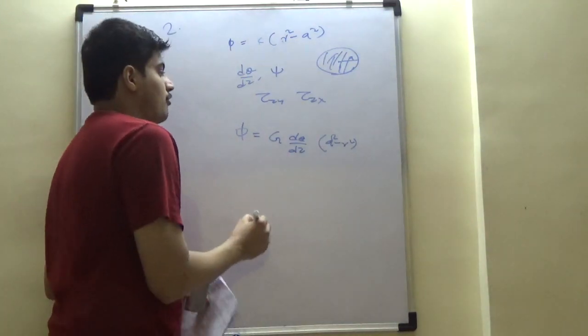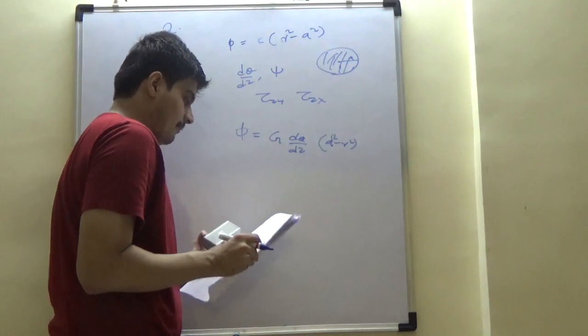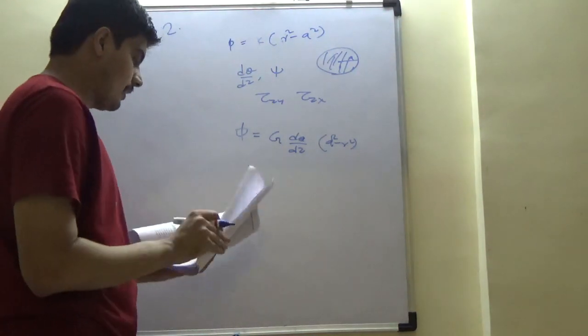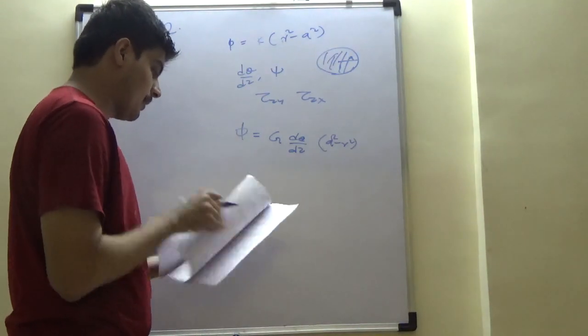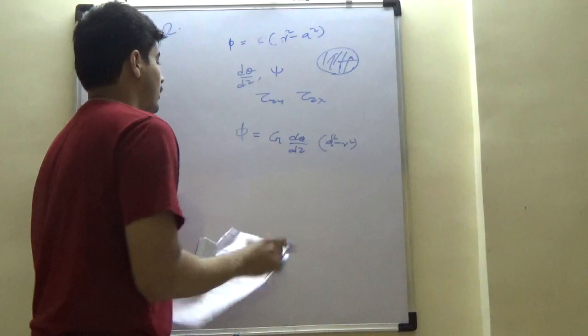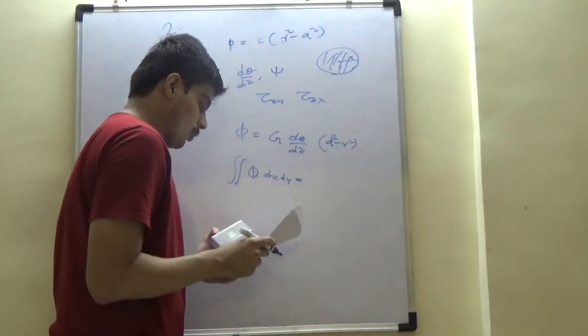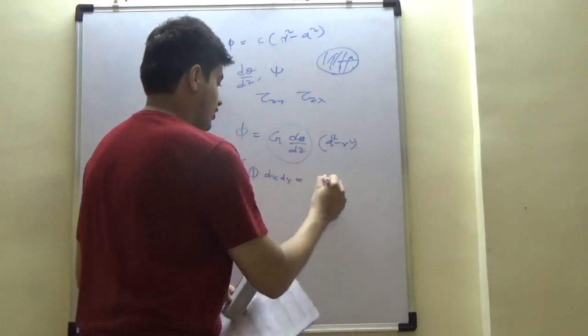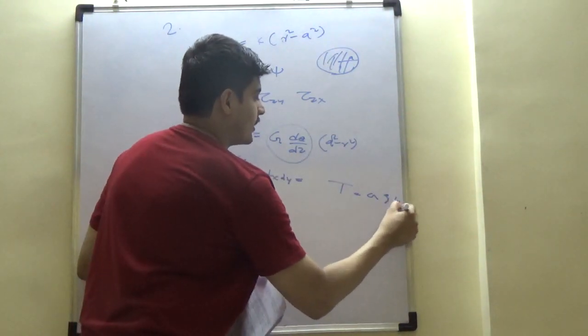And then phi dx dy, the second moment of it is going to give me the torque. So the second moment, which is going to give me the torque, will also help me understand the rotational inertia. So if I integrate this phi dx dy, what I am going to see is GJ theta dash. So this is torque, which is G J dθ/dz.